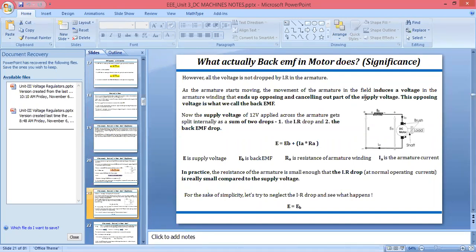Here we are giving 12 volt supply voltage across the armature. So it will split the voltage. Some voltage will be given to the armature resistance and some voltage will be given to the DC motor.